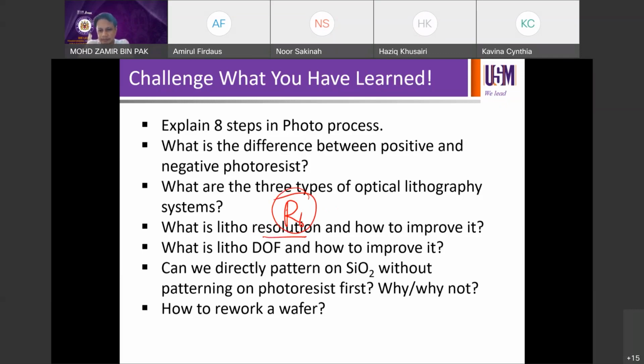What does resolution mean? If I give the formula, is that okay, doctor? Yes, okay. K lambda over NA. Explain a bit, what is K lambda NA? K is the process factor, NA is the numerical aperture, and lambda is the wavelength used for exposure.